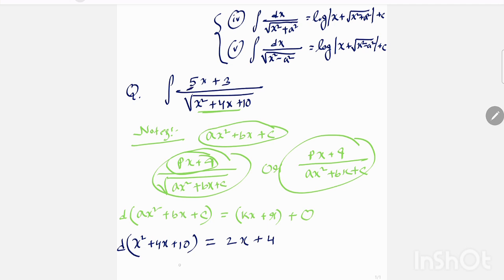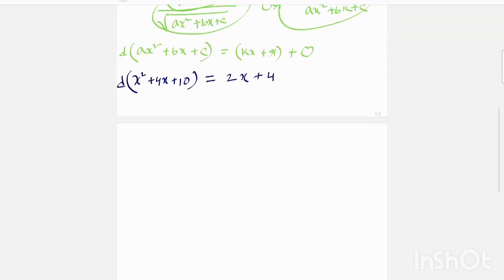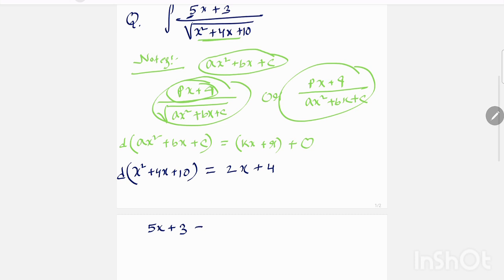So we can write 5x plus 3 like this: 5x plus 3 equal to, so basically I need 2x plus 4. If I have to eliminate 5, then I have to divide by 5, right?